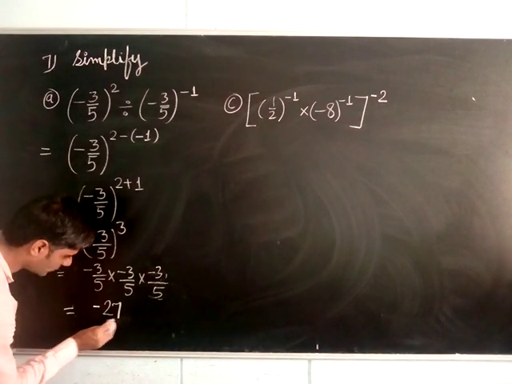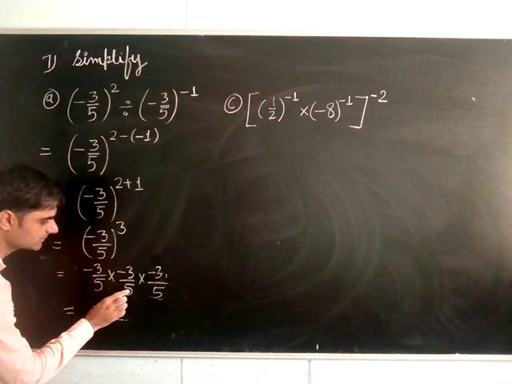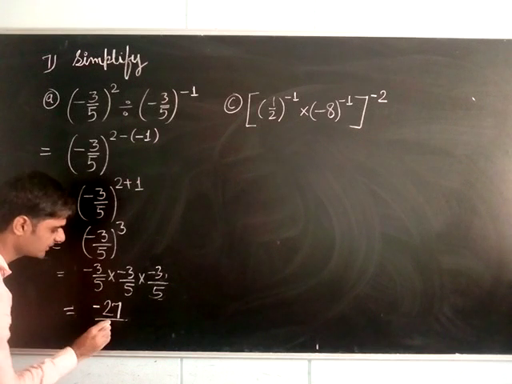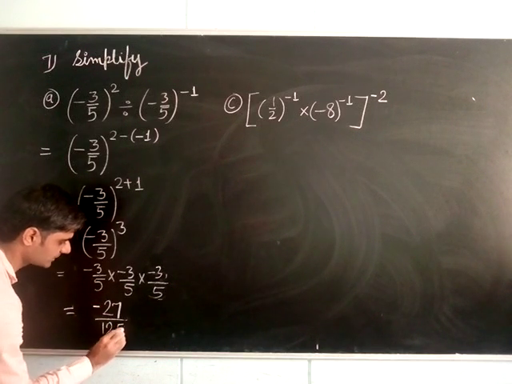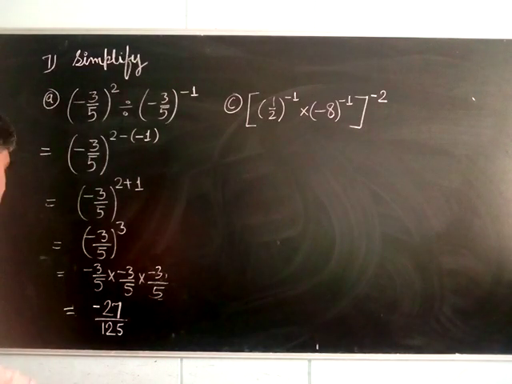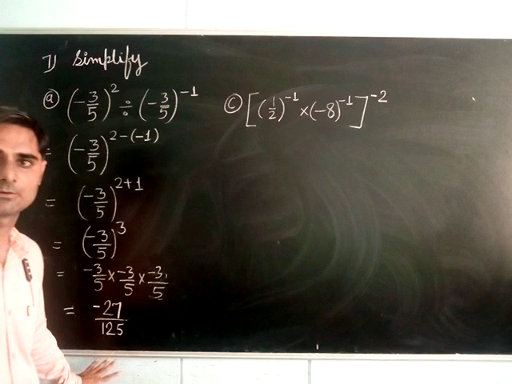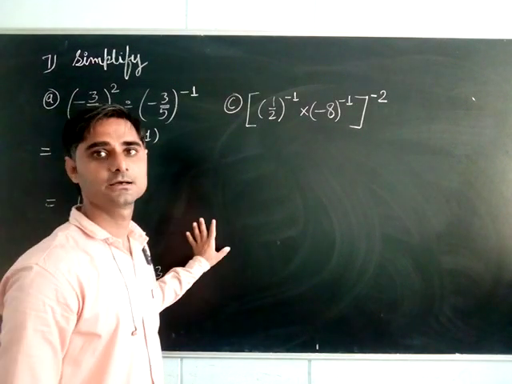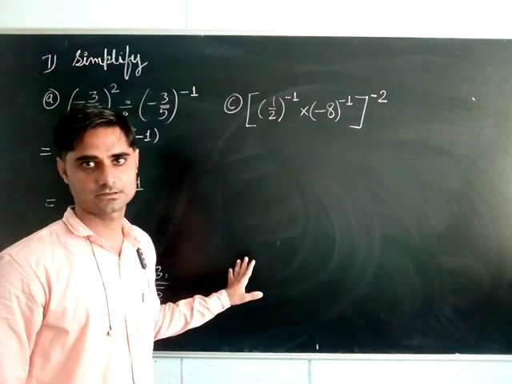Divided by, what will come here? 5 5s are 25, 25 5s are 125, so here 125 will come. Right? Finish. This much only we have to do, and this is the simplification.